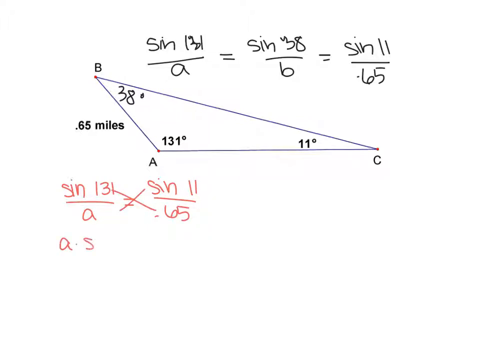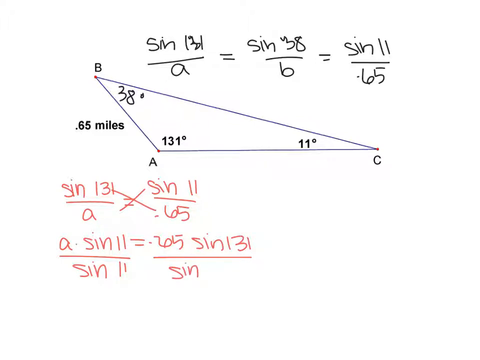So A times sine 11 equals 0.65 times sine 131. Divide by sine 11, and we get A is 2.57. In this case, our units are miles.